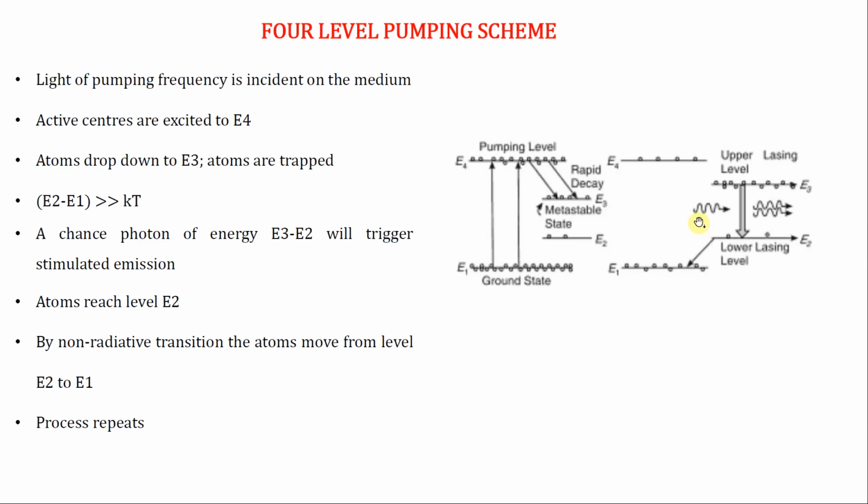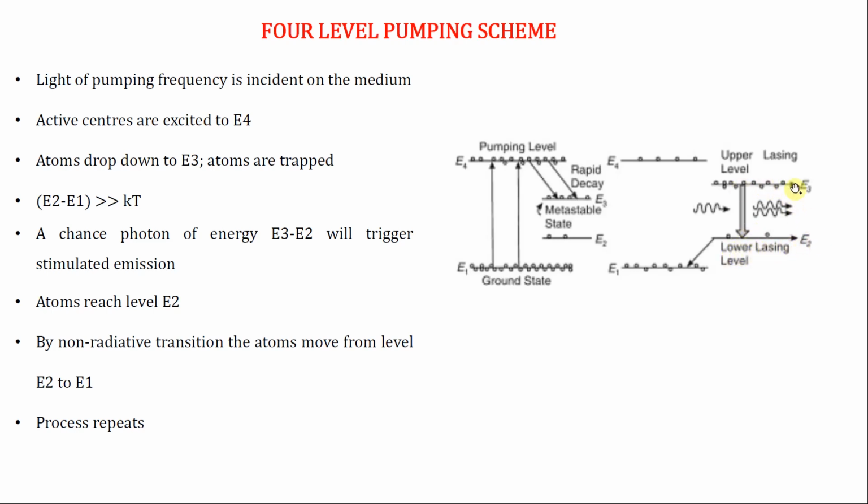So a chance photon or a random photon acts on the atoms at the level E3, and it results in new photons by means of stimulated emission. And you get some atoms here at the level E2.